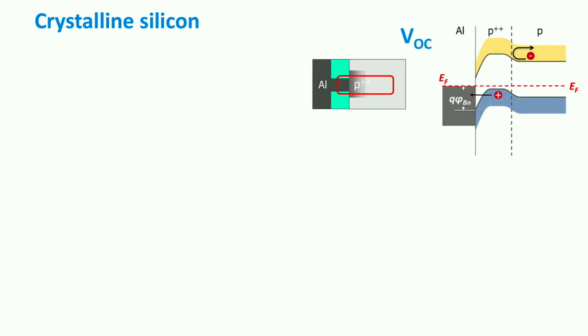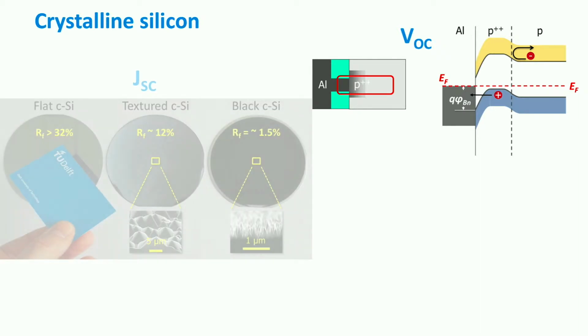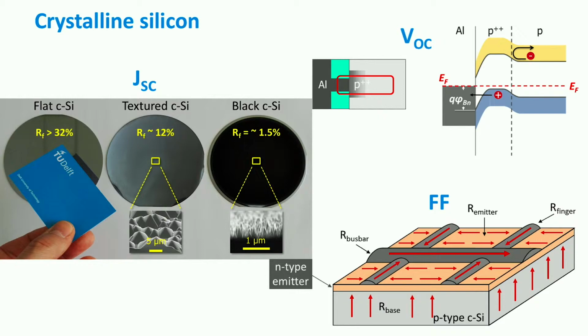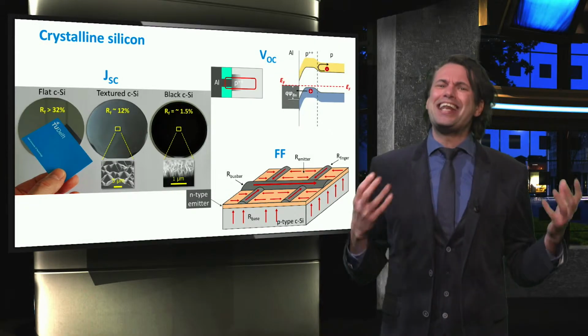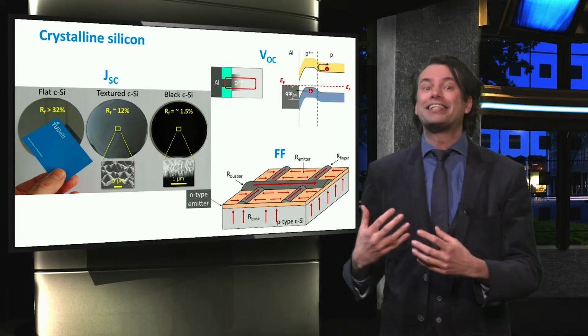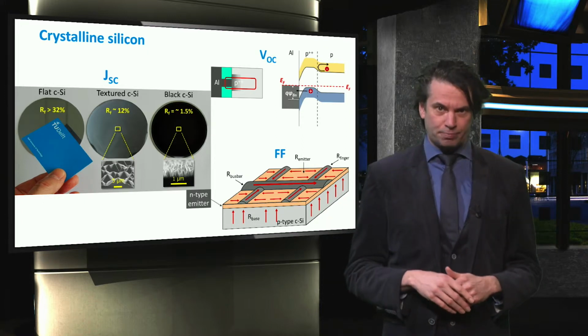The most important part of this section covers the design considerations to obtain an ideal open circuit voltage, short circuit current density and fill factor for a crystalline silicon solar cell. You will gain an in-depth understanding of the clever design tricks implemented to optimize these solar cell parameters.